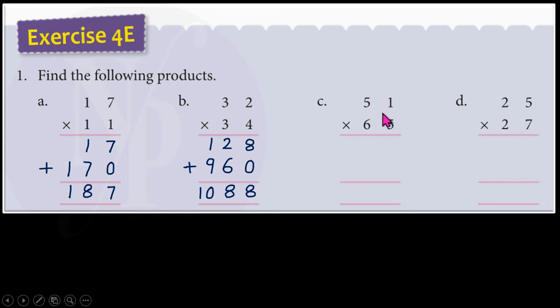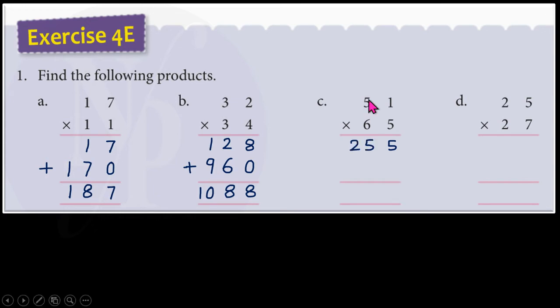We multiply 51 by 5. Yes. 5 ones are 5. Let's write 5 in ones place here. And then multiply 5 by 5. So 5 5s are 25. We write 25 here.